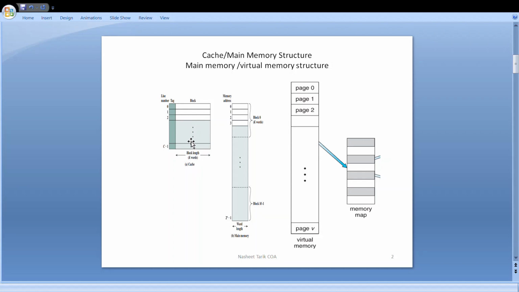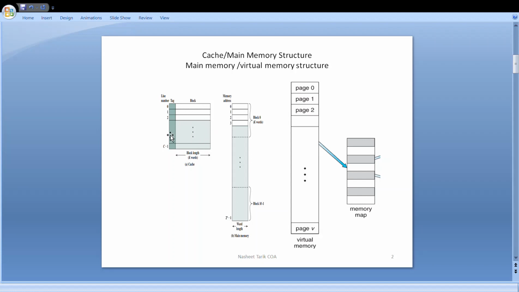But if a miss occurs, then that particular copy or location is to be copied from main memory to cache memory, so it could be accessed in future from the faster memory.